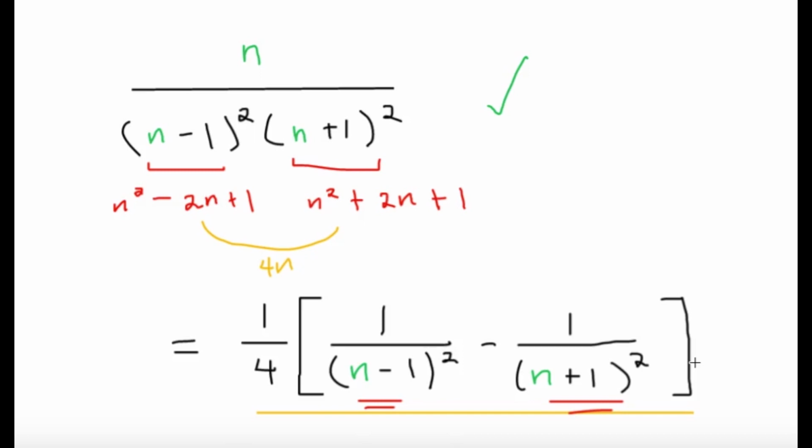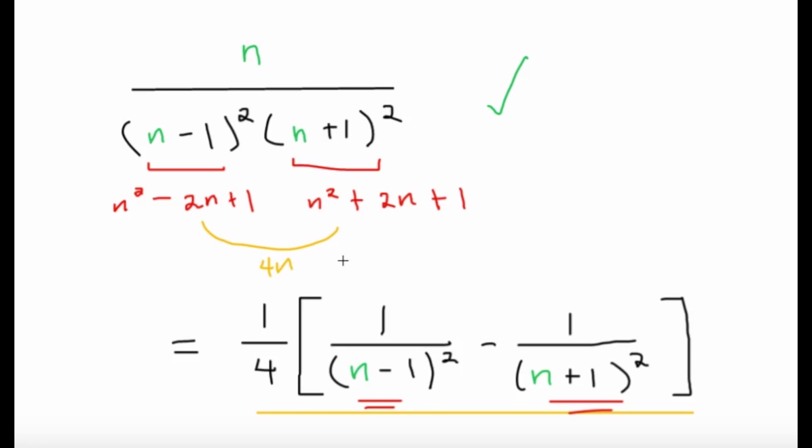There is a standard technique to decompose into partial fractions. Probably you can look that up. But in my case, it's kind of easy to get the partial fractions, because if I expand (n minus 1) squared, I'll have n squared minus 2n plus 1. And if I expand (n plus 1) squared, that's going to become n squared plus 2n plus 1. And they differ by 4n.